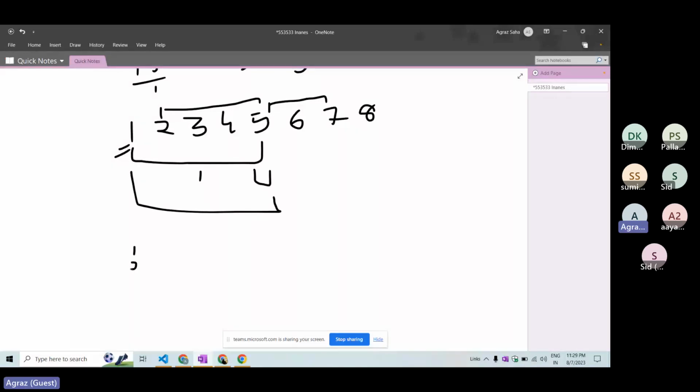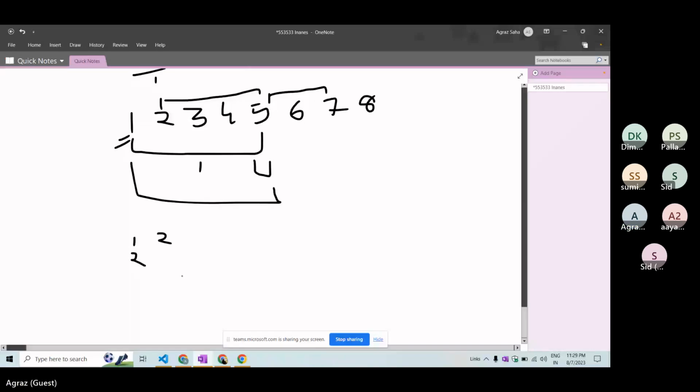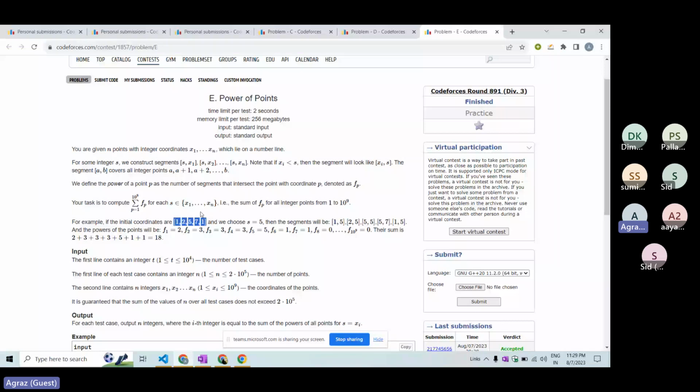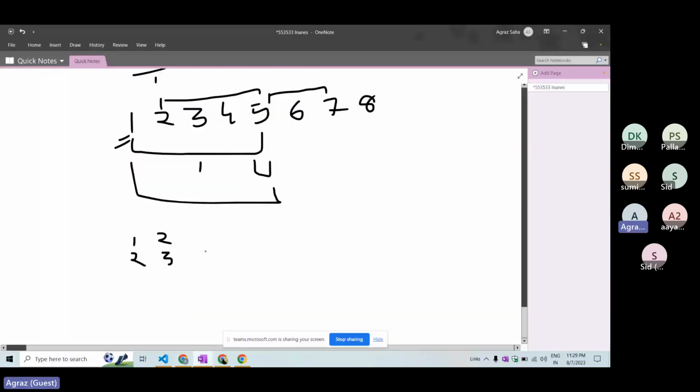Now, for 2, see that it is covered by 3 segments, so it will be 3. For 3, it is of course again 3. For 4, it is again 3.